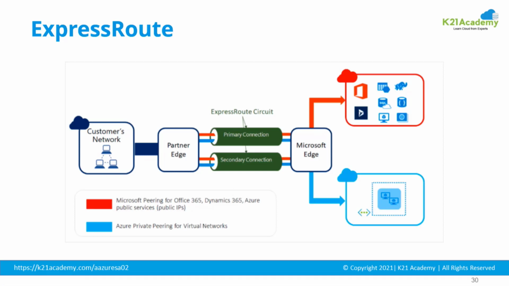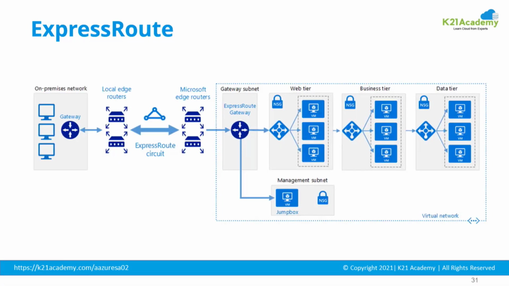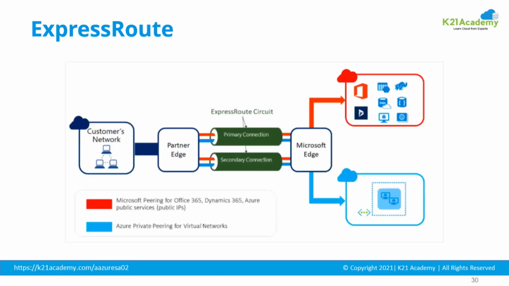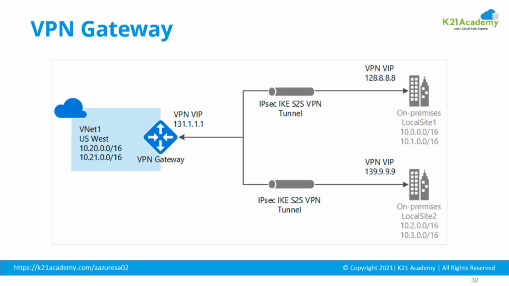Now, one thing to note here, which I'll cover as well, is that it is very fast, and you always get dedicated connectivity. So whatever gigabits per second of traffic you need between your customer network and the Microsoft Azure network. Now, ExpressRoute is slightly more expensive than VPN Gateway.